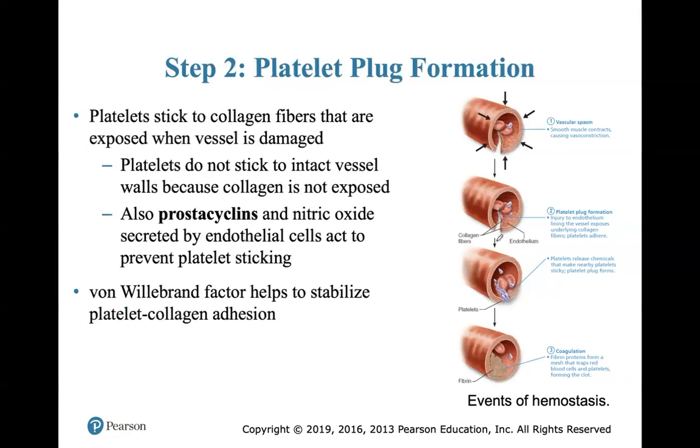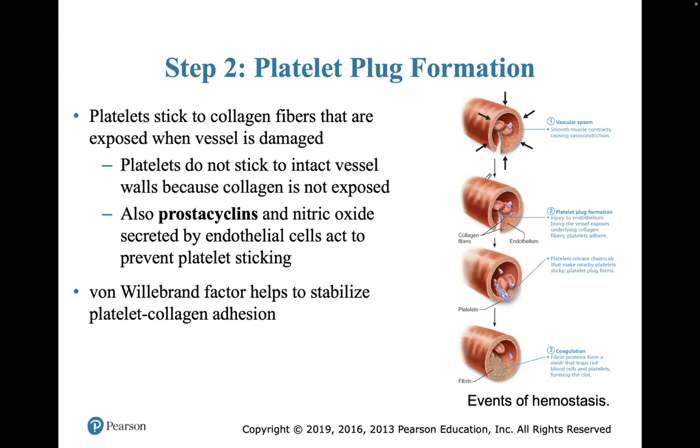In the second step, the platelets run into that area and stick to collagen fibers. They don't stick immediately, because prostacyclin and nitric oxide allow a little time for the collagen fibers to be exposed.